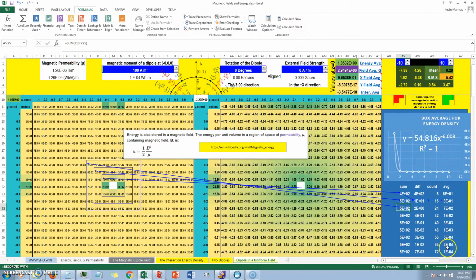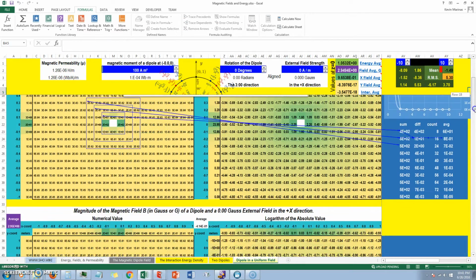So we end up with an average that has a profile based on, it varies by the inverse 6th power. Now, where does this come from? Well, we're squaring a value based upon the magnetic field.